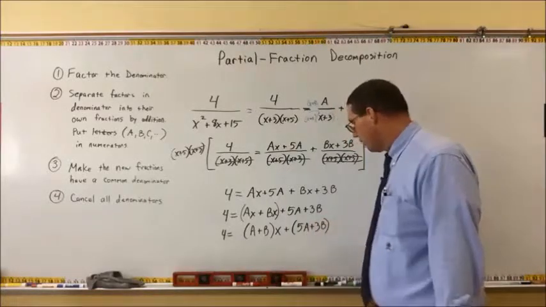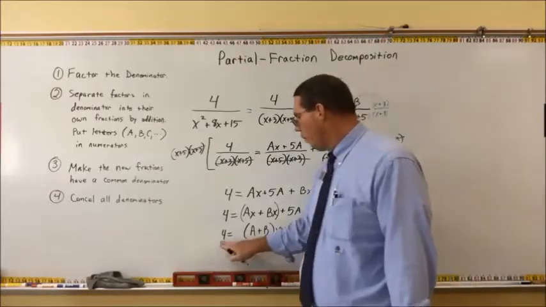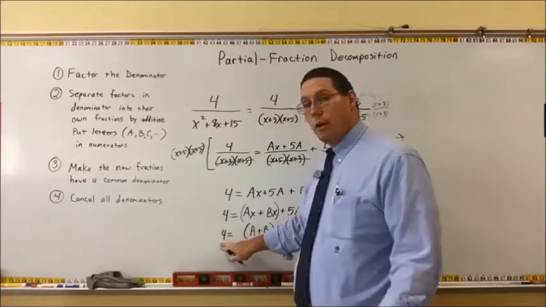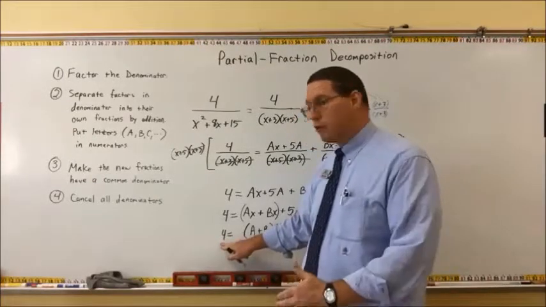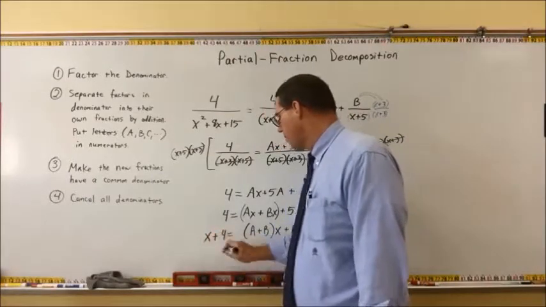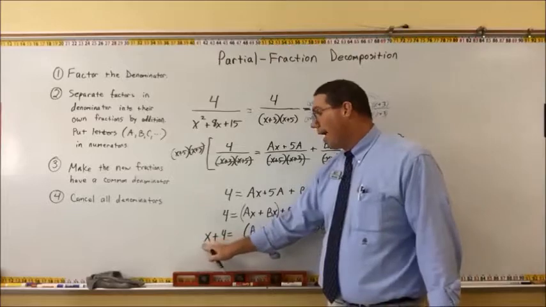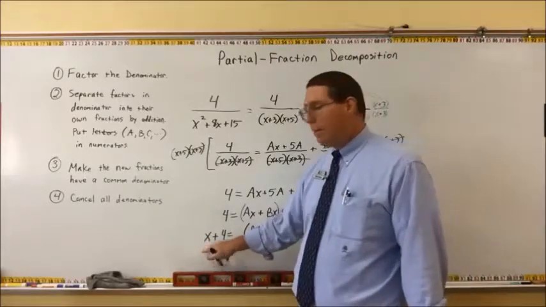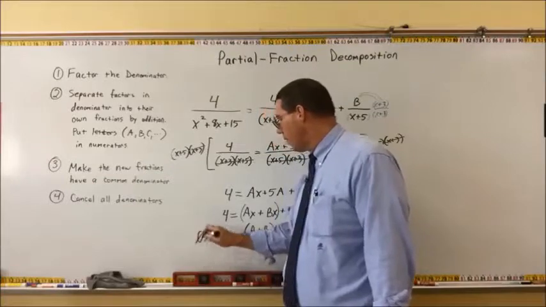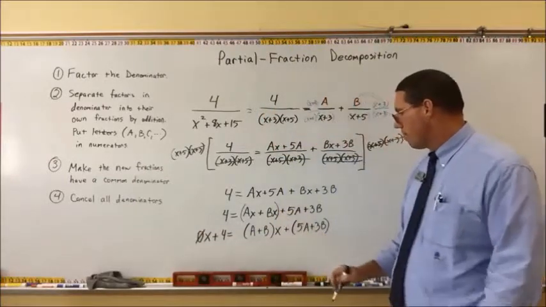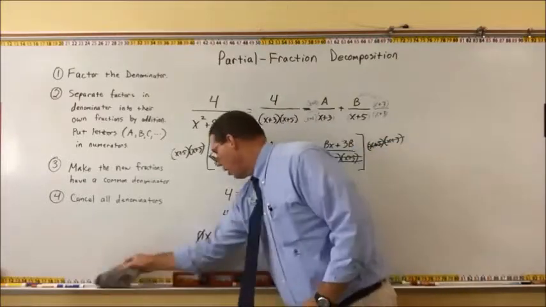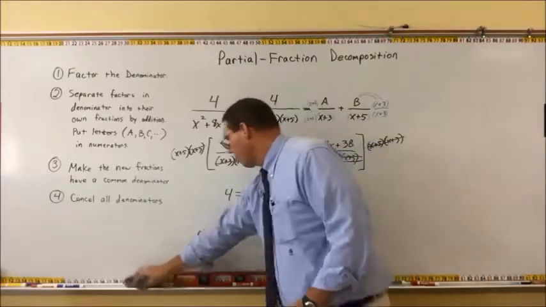Now here's the interesting thing. This 4 over here is just a number, right? But if it was an algebraic expression, it would have an x in front of it, and it would say x plus 4. Now there actually is an x there, but the coefficient of the x is a 0, right? So now look at this. Let me do it with color.